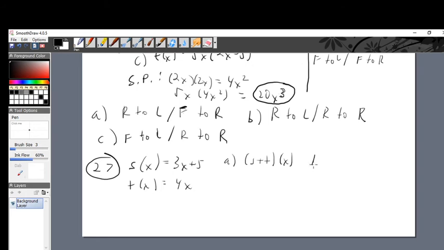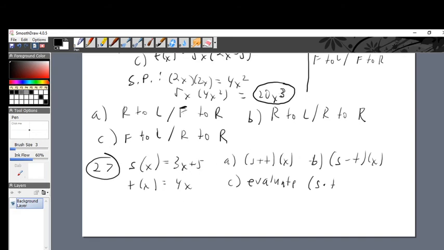B, they ask you for the generic s minus t of x. And C, they ask you to evaluate, they actually put in a verb in there, evaluate s times t, where you'd have to multiply the two of them.